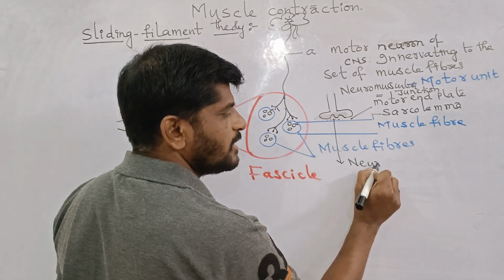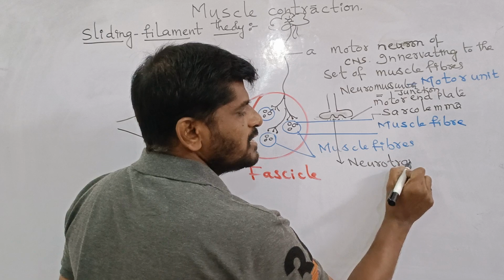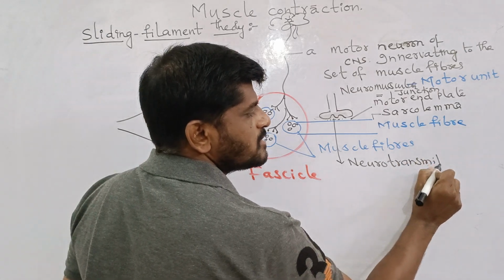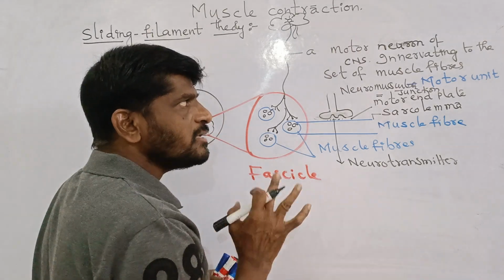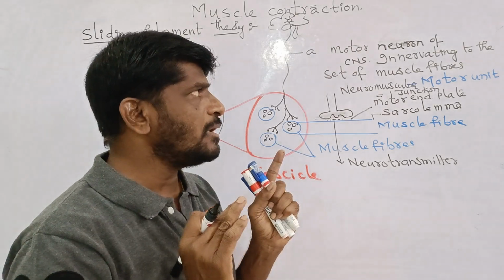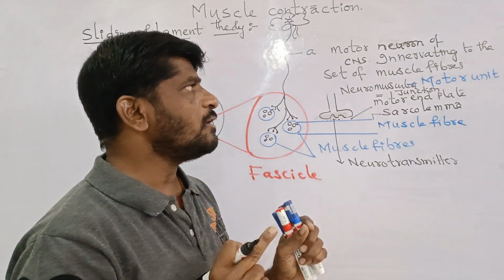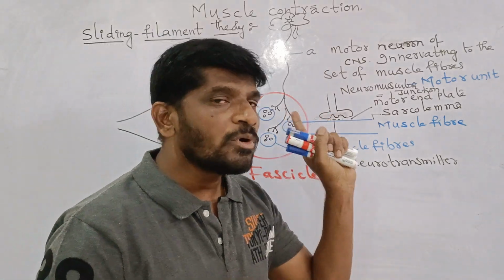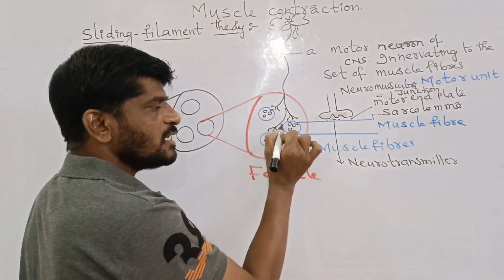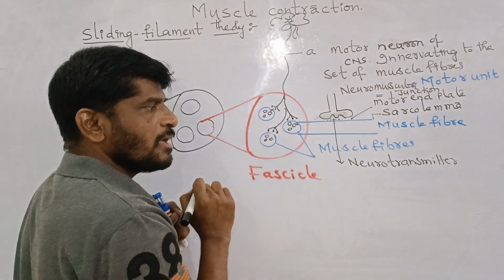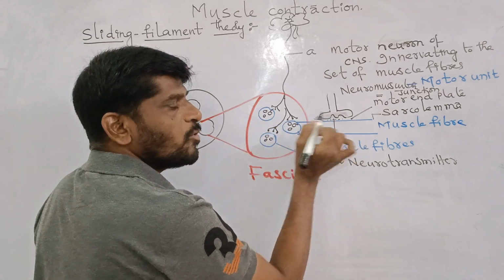You know pretty well that because of the neurotransmitters, the sarcolemma undergoes depolarization. So my intention is to give you the meaning of the motor unit and the motor end plate. This is a motor unit, and this junction is called the motor end plate.